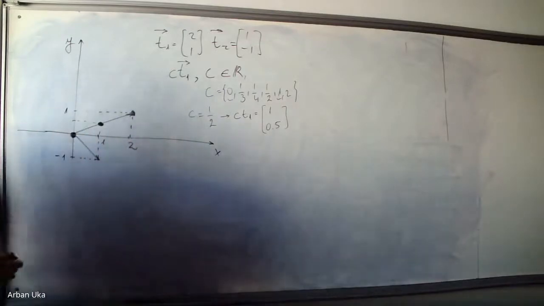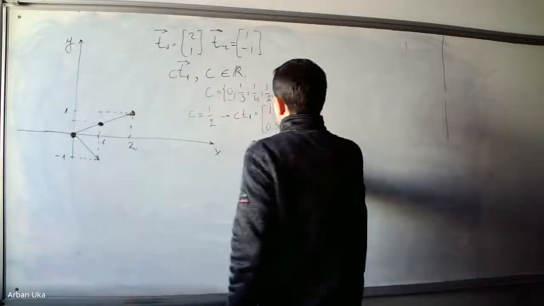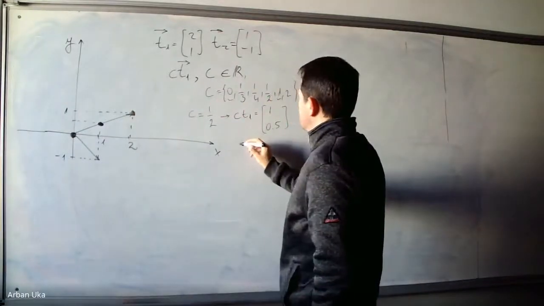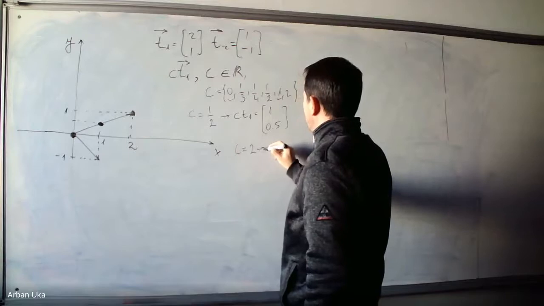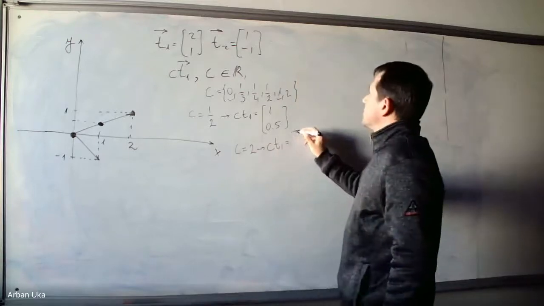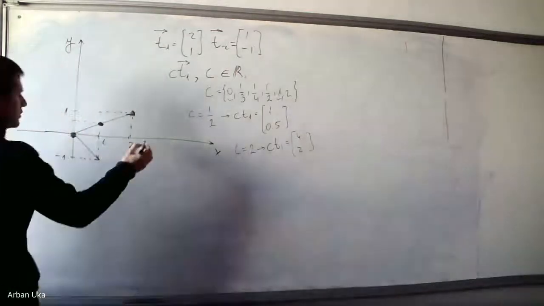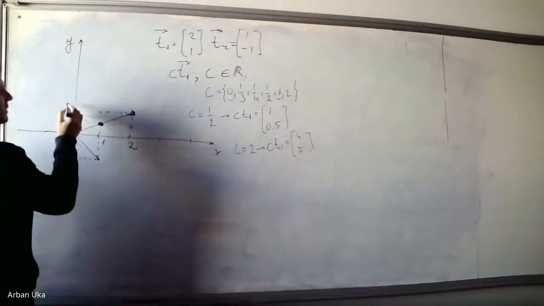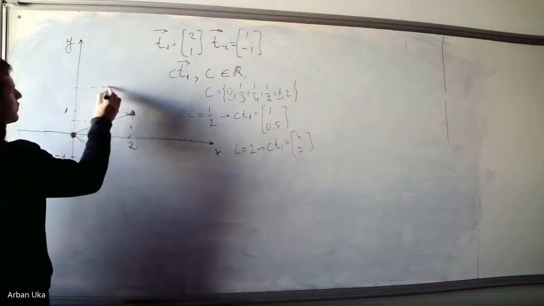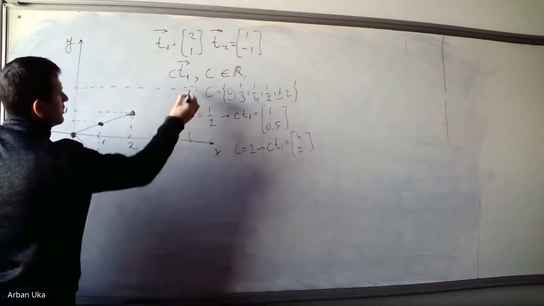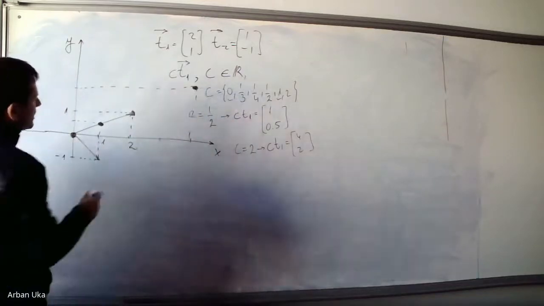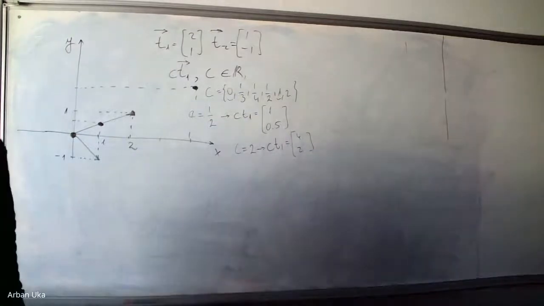When C is equal to 2, CT1 is equal to (4, 2). This is 1, 2, 3, 4, and 2 is the other coordinate. So we get this point. We are generating a series of points.